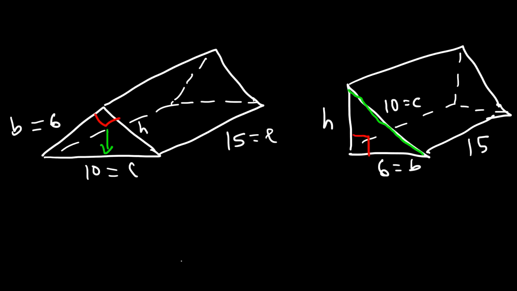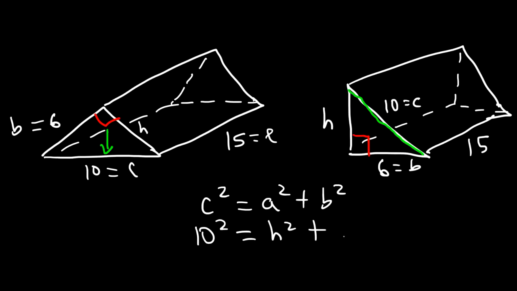So we got to find H first. c squared is equal to a squared plus b squared. So we have c. C is 10. B is 6. And we're going to say a is the same as h. So let's replace a squared with h squared. And b squared is 6 squared. 10 squared is 100. 6 squared, that's 36. 100 minus 36 is 64.